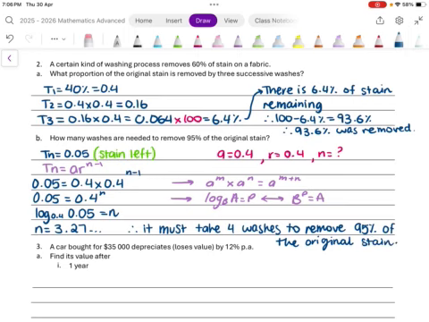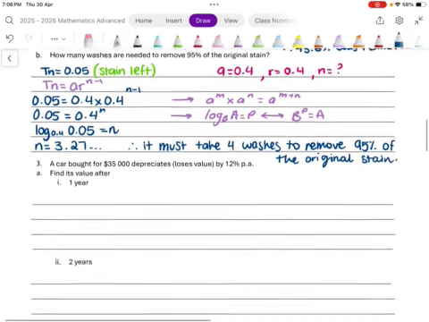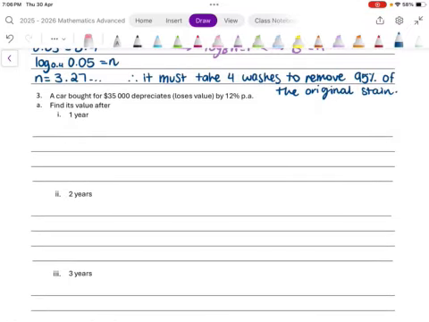Cool. All right, question 3 is more like our financial maths, which you guys have all been waiting for. So we have a car bought for $35,000, that depreciates, or loses value, by 12% per annum. We're going to find its value after 1 year.